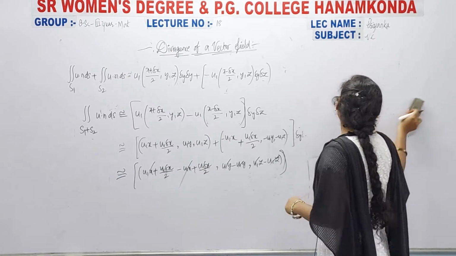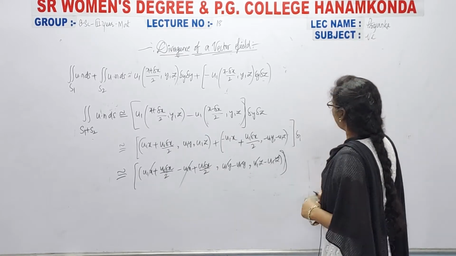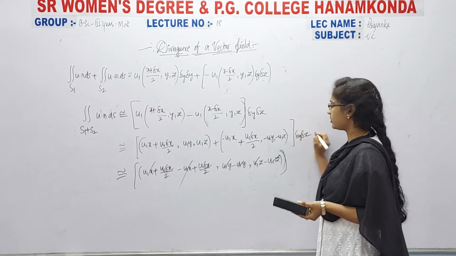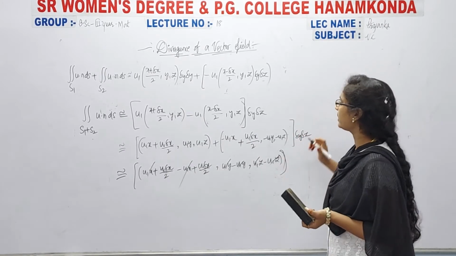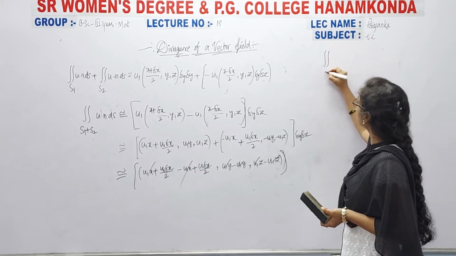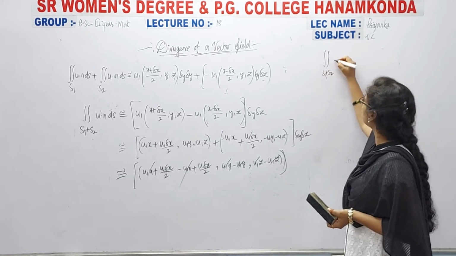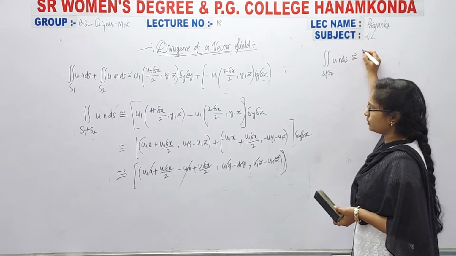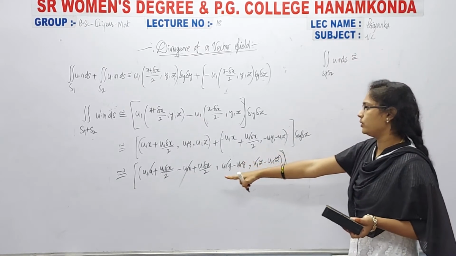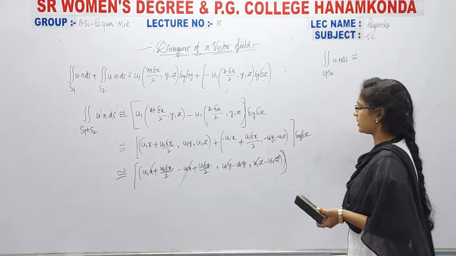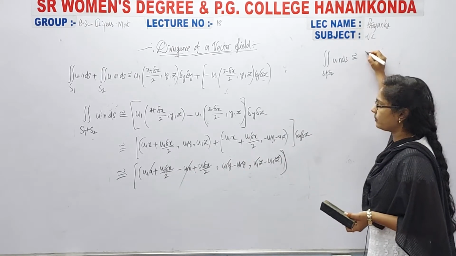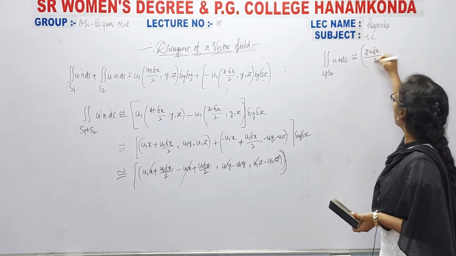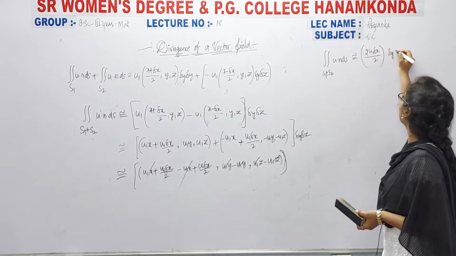Finally, from the starting you may have one doubt, that is why I am taking delta x by 2. Now you will get that clarification. The integral over S1 plus S2 of u dot n dS is approximately equal to only these two terms, u1 plus u1, that is 2 u1 delta x by 2, of delta y delta z.